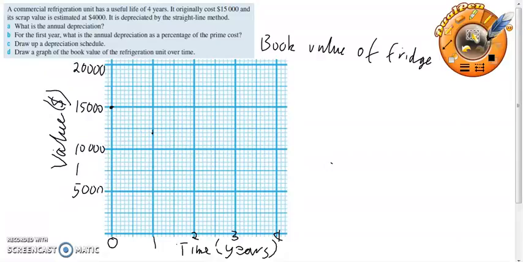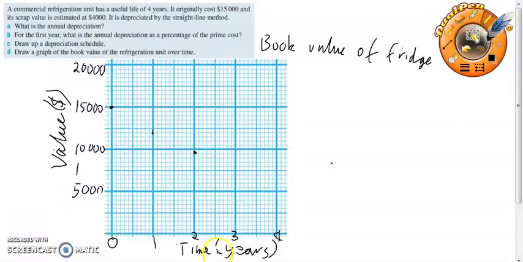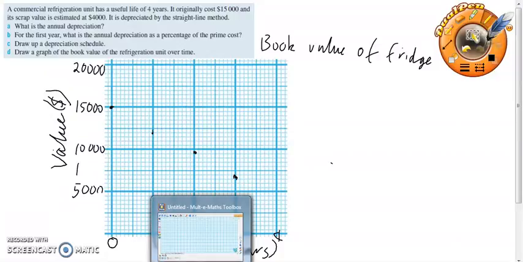And then we know that at the start of year 2, it was worth 9,500, and then the start of year 3, it was worth, sorry, I've got that wrong. At the end of year 1, it was worth 12,250. At the end of year 2, it was worth 9,500. At the end of year 3, it was worth 6,750. And then at the end of year 4, it is worth 4,000.